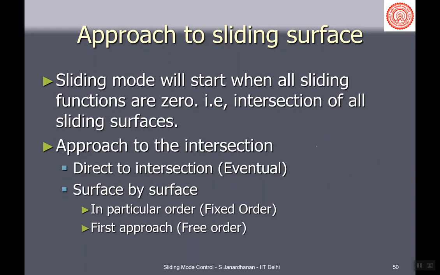You can go from surface to surface in a predefined order or by first approach. When you go directly to the intersection, it is called eventual sliding mode, and when you go surface to surface, it is called ordered sliding mode, and you can have fixed order or free order.